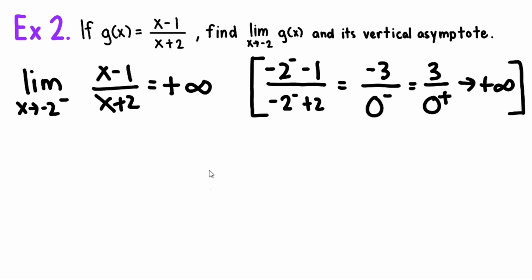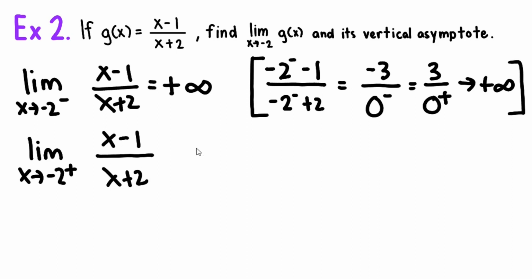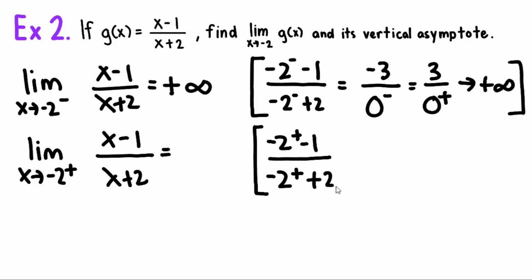And so we say that the limit from the left out here is equal to positive infinity. Good, so let's go on to the limit as x approaches negative 2 from the right of x minus 1 over x plus 2. Let's inspect it as well. We'll have negative 2 from the right minus 1 over negative 2 from the right plus 2. For the numerator, again, we won't have any problems.